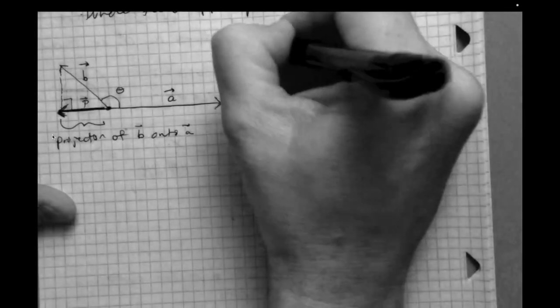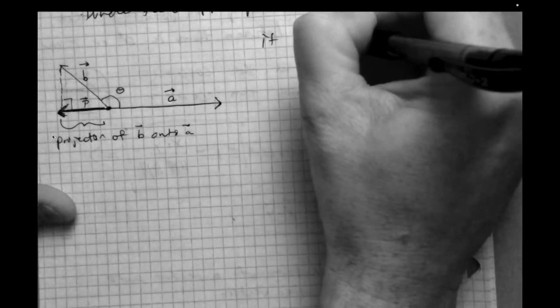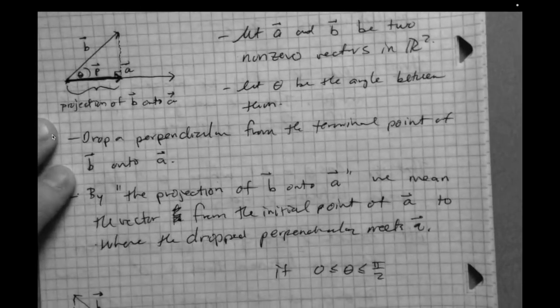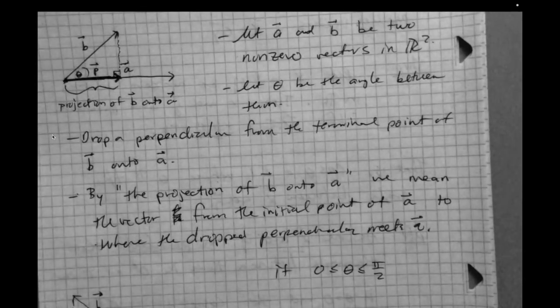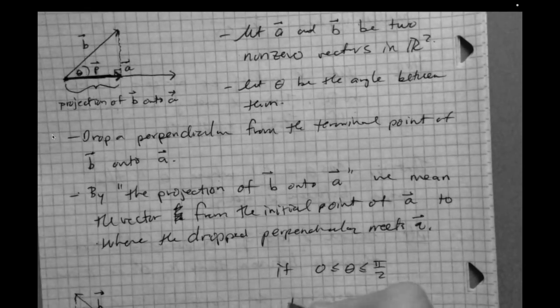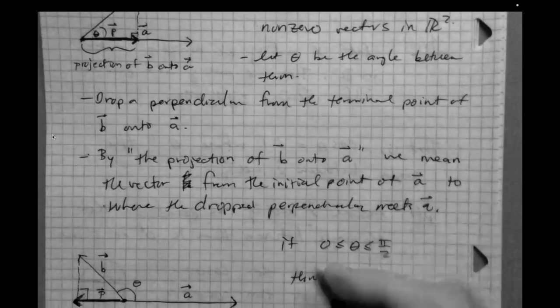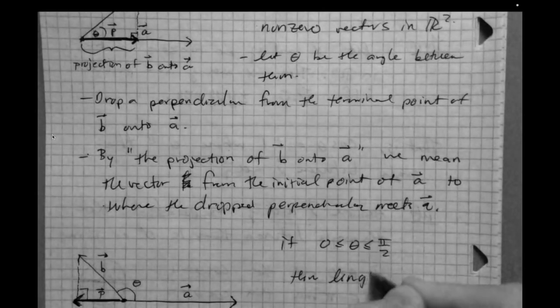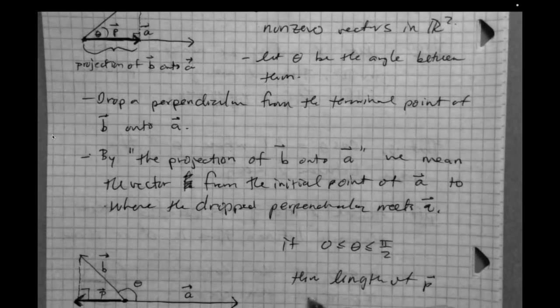So if theta is between 0 and pi over 2, then the length of the vector P is easy to deduce, right?